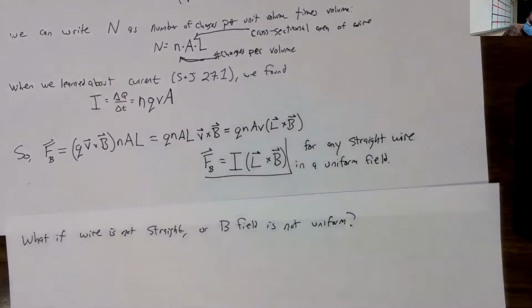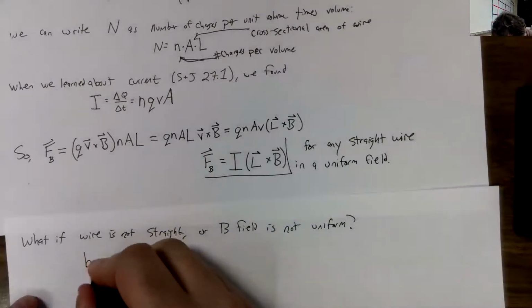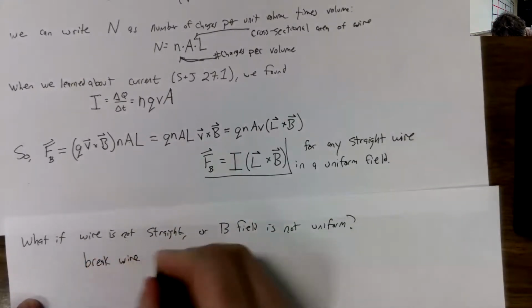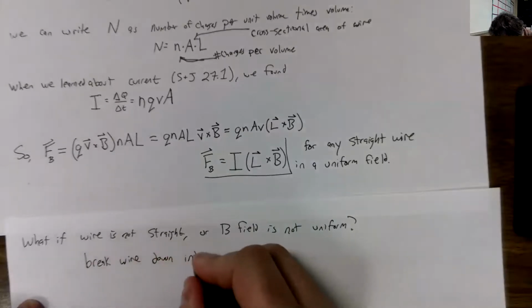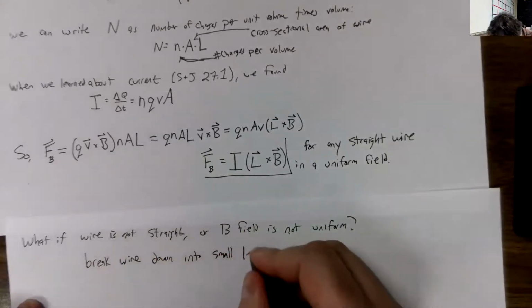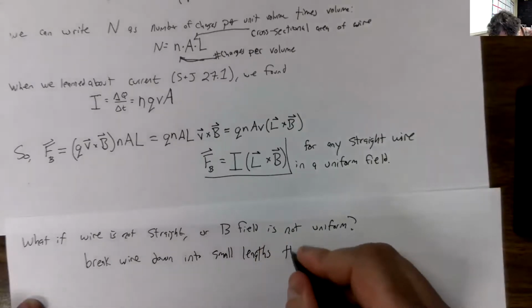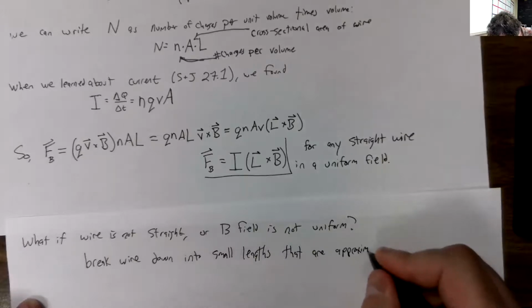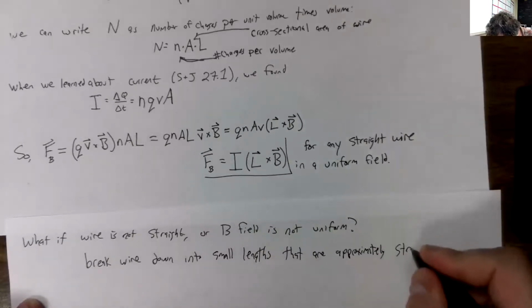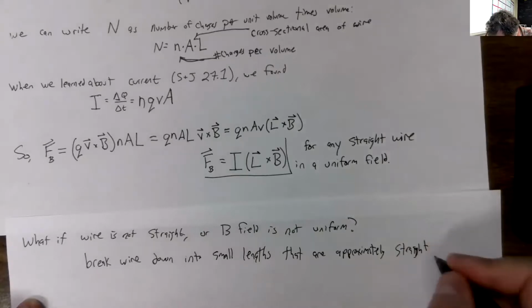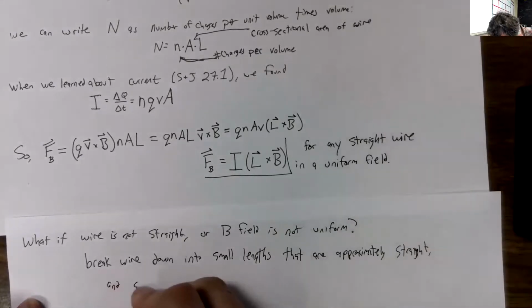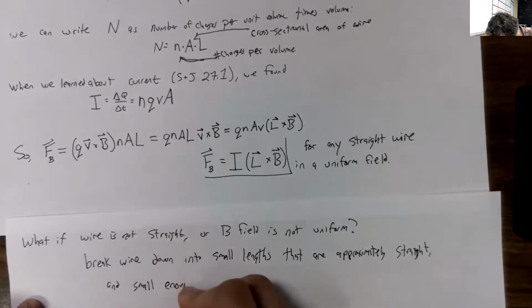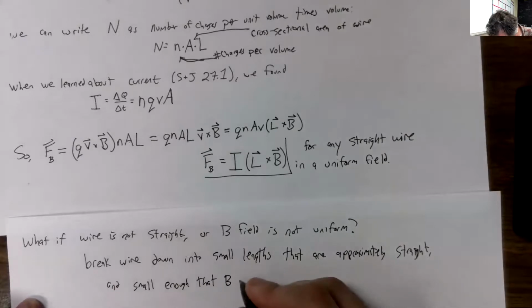We're not going to do this in detail, but we would need to break the wire down into small lengths that are approximately straight, and small enough that the B field is uniform nearby.